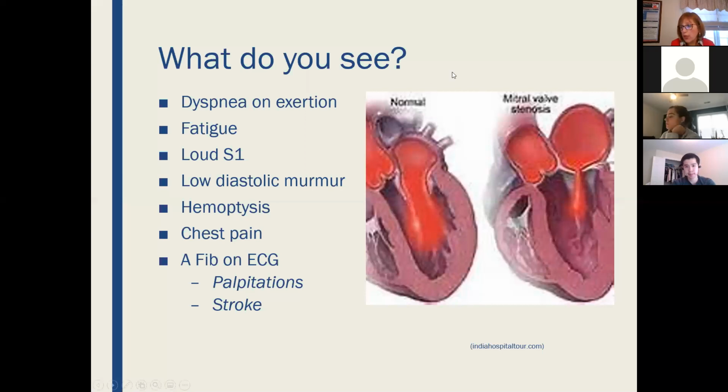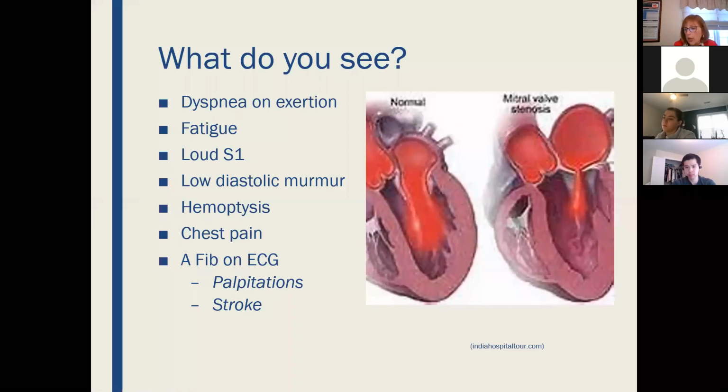But one of the first things it does is stop and feed the coronary arteries. So now you have less blood coming out of your ventricle, you have less blood going up to the aorta, you have less blood going up to the brain, but you also have less blood that could be going into the ostia, the coronary ostia, to feed them. So as a result, your patient will have chest pain.